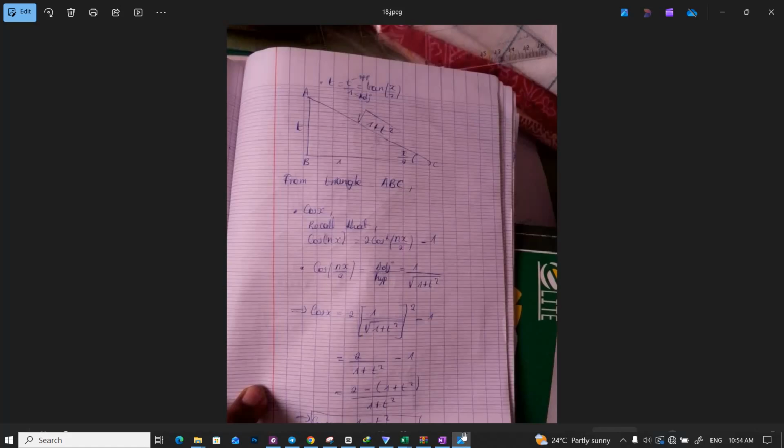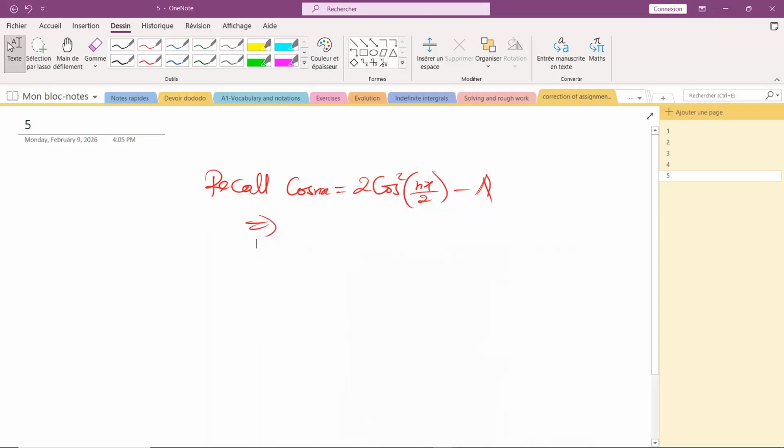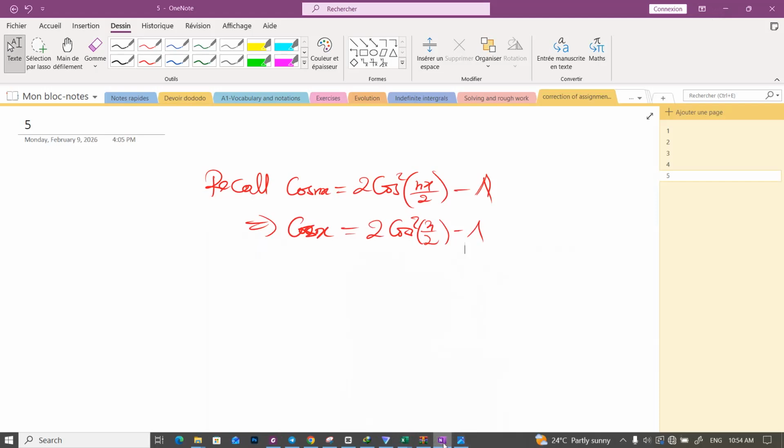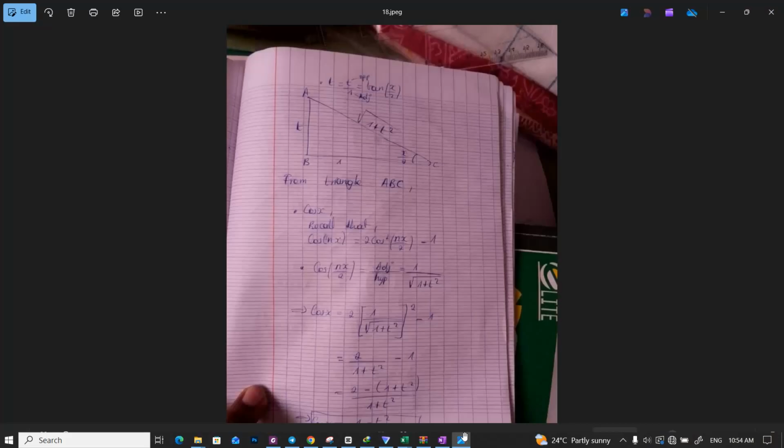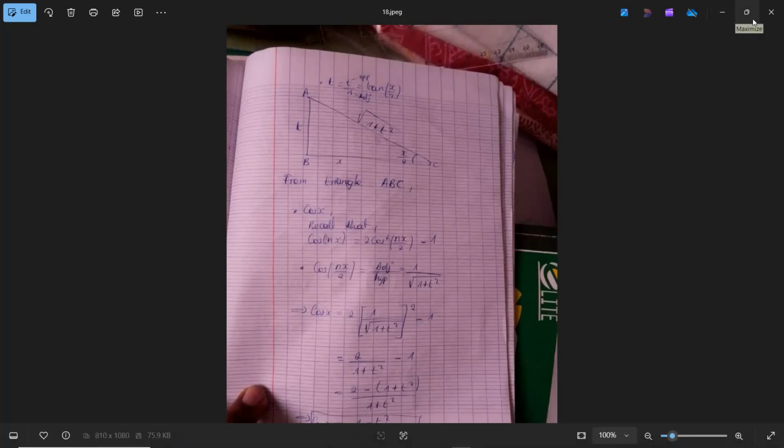You are finding cos x. So you will write, it implies cos x. So the n here becomes 1, and here it becomes also 1. Cos x being equal to what? 2 cos square x on 2 minus 1. That's what you are supposed to do before writing that cos x on 2, not cos nx on 2, cos x on 2. Is that okay? So that's the first observation.